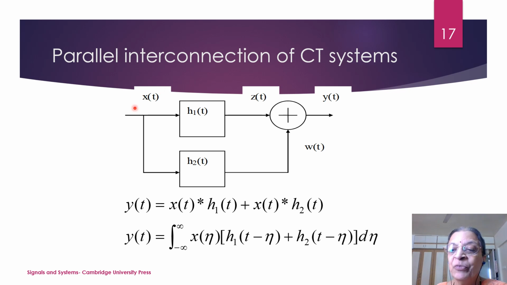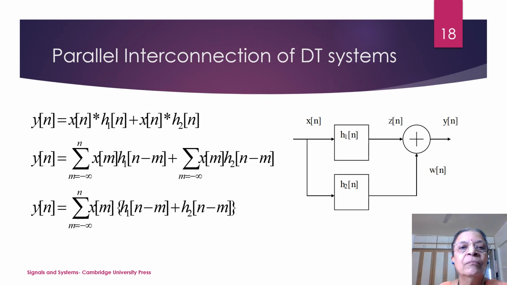Now for parallel interconnection of DT systems, on similar lines, y[n] is calculated as x[n] convolved with h1[n] plus x[n] convolved with h2[n]. Here the summation is written as the sum from minus infinity to infinity of x[m] h1[n-m]. This is the standard formula for convolution.